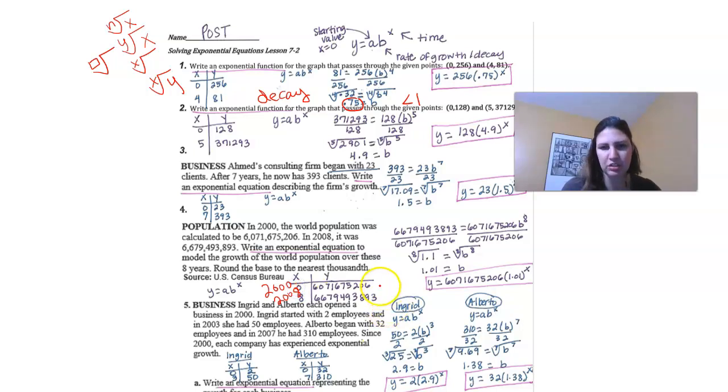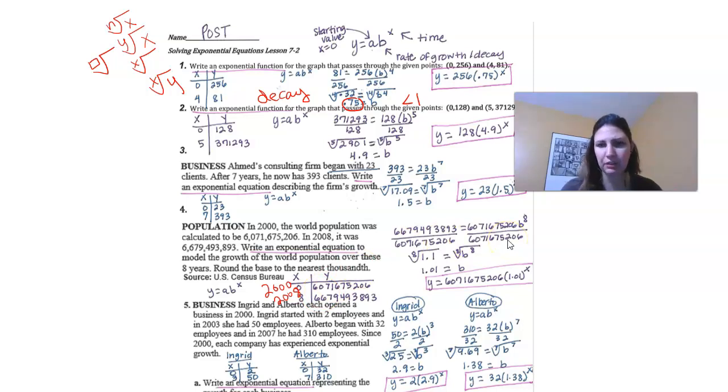And so you put the two different populations here and set them up again with your last population equal to the starting population to the power of however many years. In this case, it was 8 years.